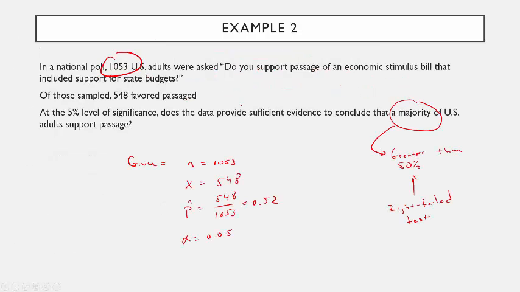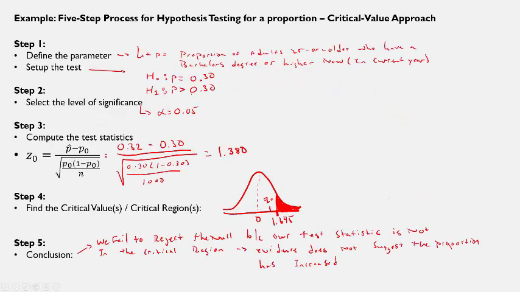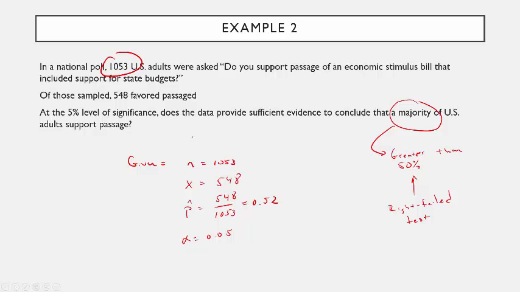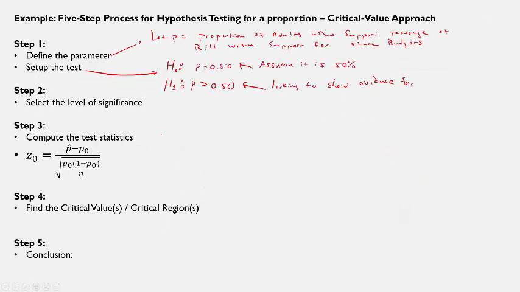If you look back, even in our first problem, they're the same numbers, 30%. So here it's going to be 50% in both. Then we select the level of significance. Again, it's 0.05. Now we're going to compute the test statistic.